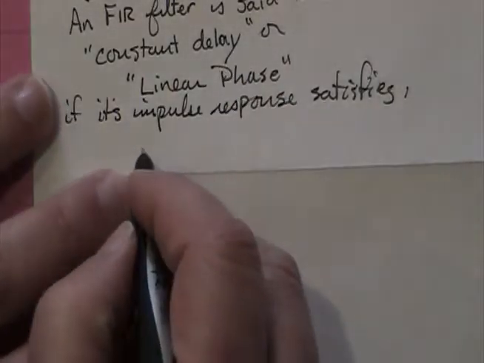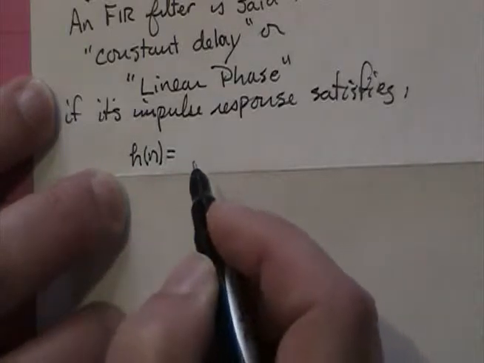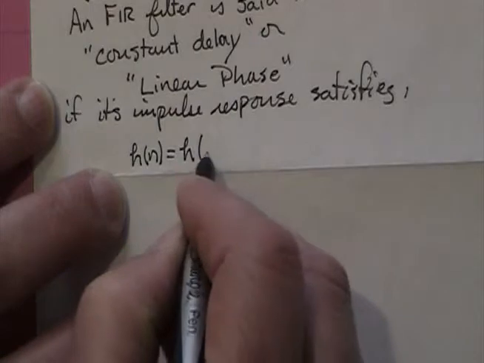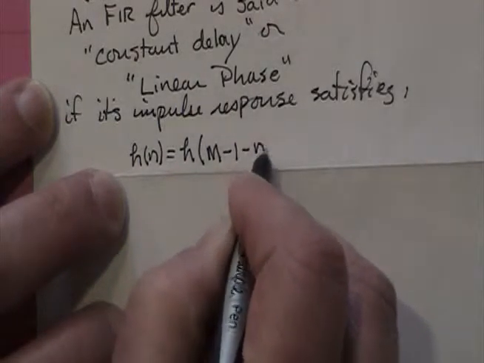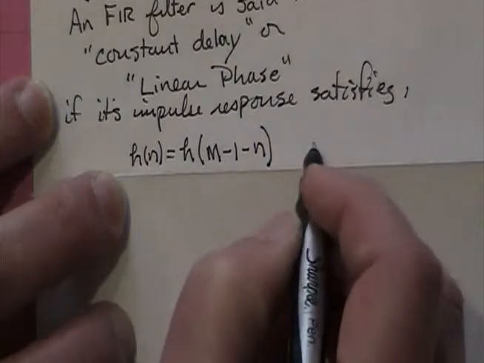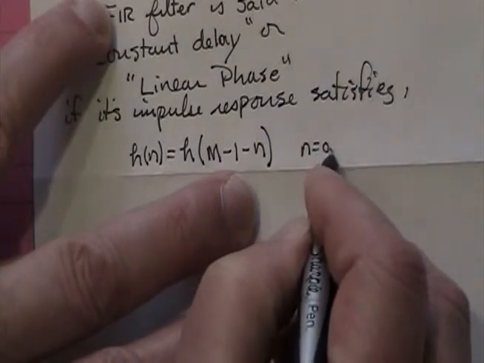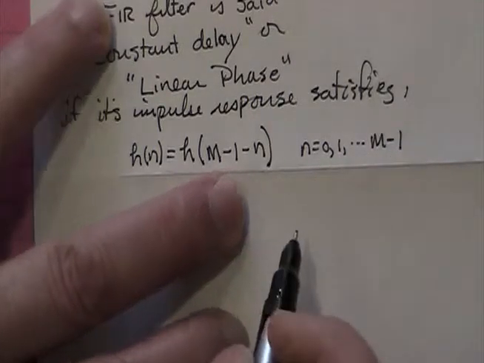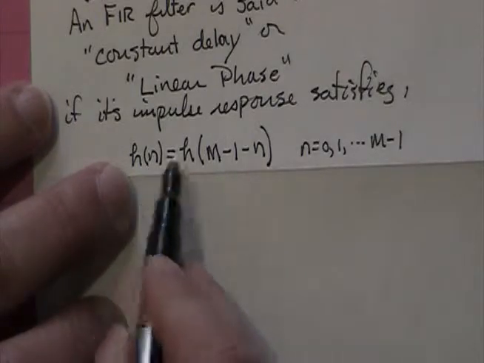So that case is where h of n is exactly the same as what I look at when I look at the other side of the array, h of, and I'm going to put the indexing down here, and that's got to be true for all the values of n that make sense. So this is n equals 0, 1, all the way out to M minus 1. So there's my symmetric impulse response. That's the first value of the impulse response is the same as the last.